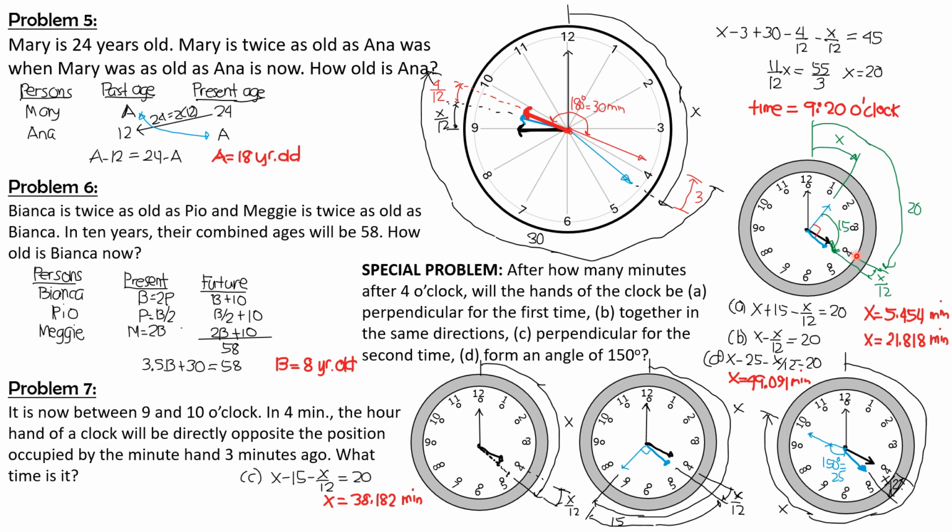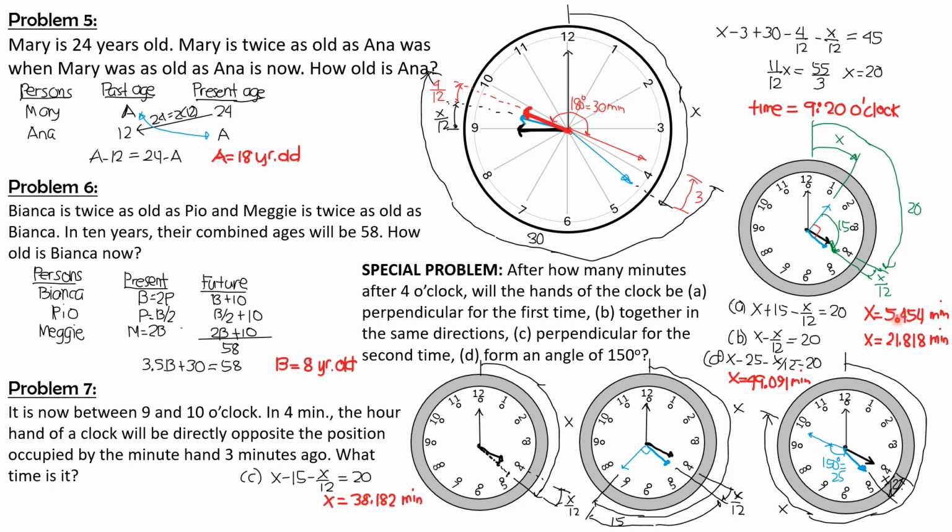That corresponds to 20 minutes. So we equate it to 20. Solving for x, because this is a basic problem, x is 5.454 minutes. So notice that the answer in minutes would be repeating non-terminating decimals because it is divided by 11. So again, the answers would be repeating non-terminating decimals, or a whole number.